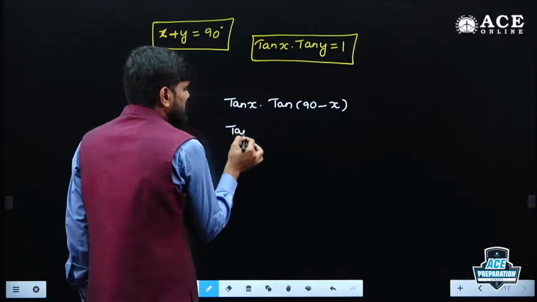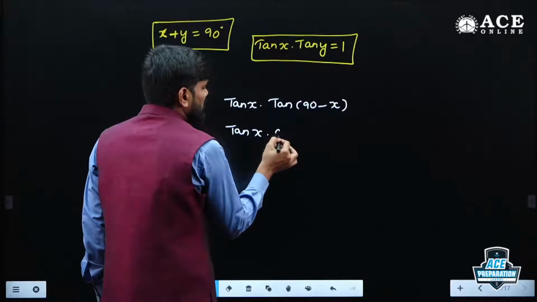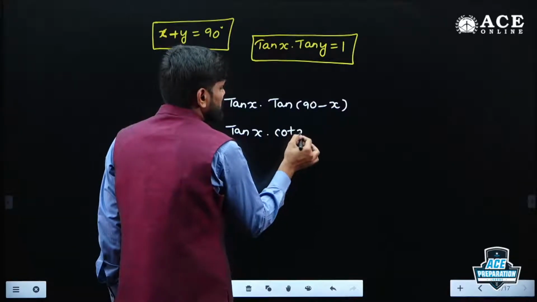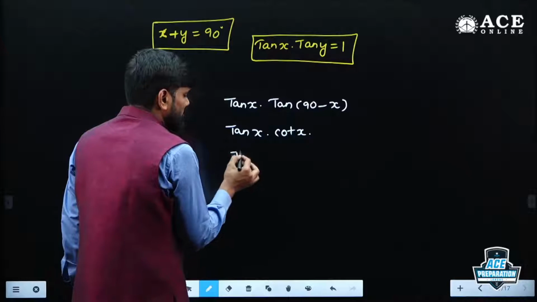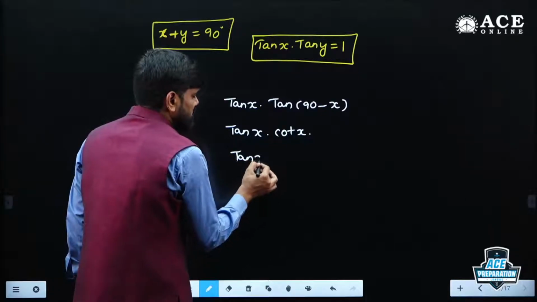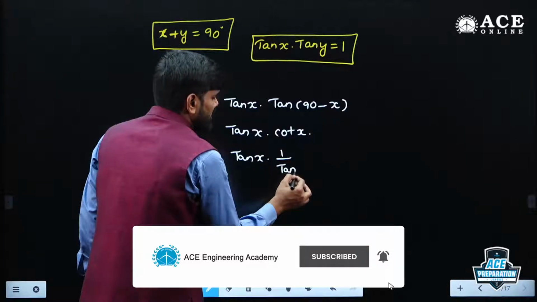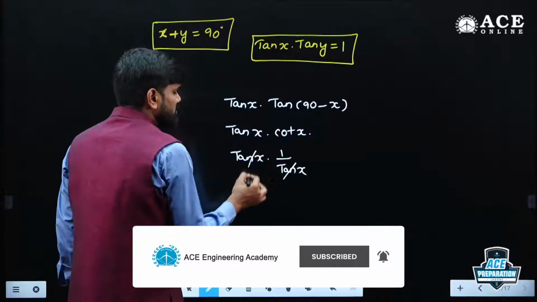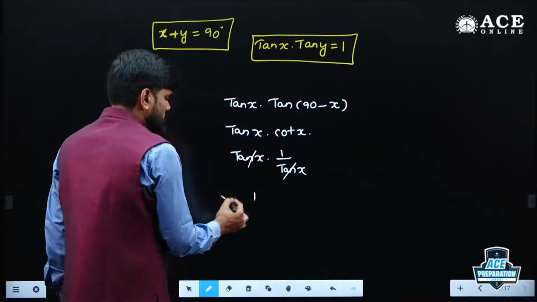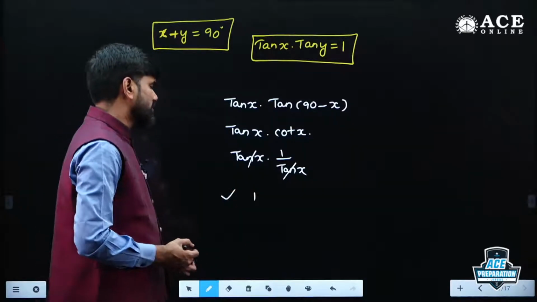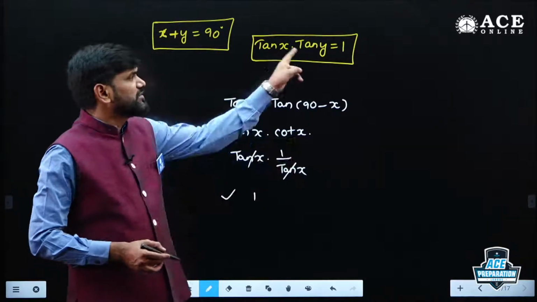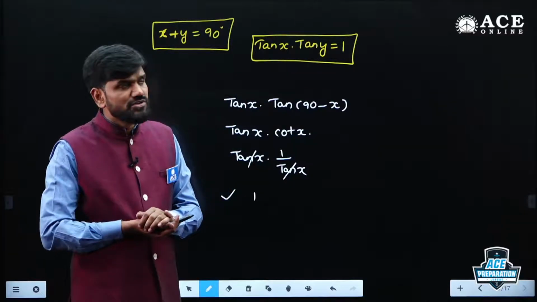Hence, tan x into cot x will be the result here. And we know that cot x is nothing but 1 by tan x. Hence, tan x into 1 by tan x. On cancelling this, that will give you how much, dear? 1, provided x plus y together is equal to 90 degrees.